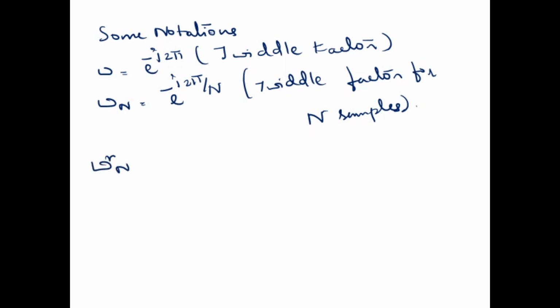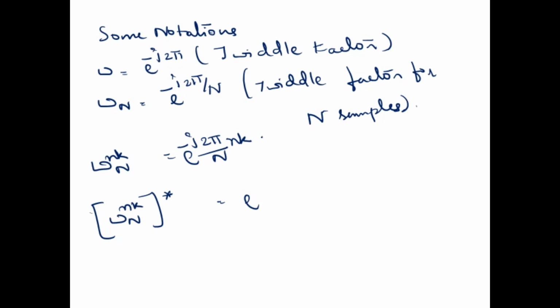W N of nk is e power minus j 2 pi nk by N, as we know from the previous notation, and one more is W N of nk star, which is the conjugate, hence it is e power j 2 pi nk by N.